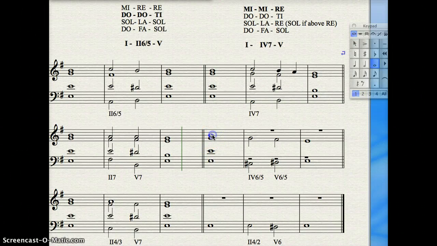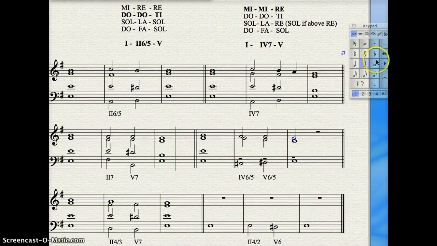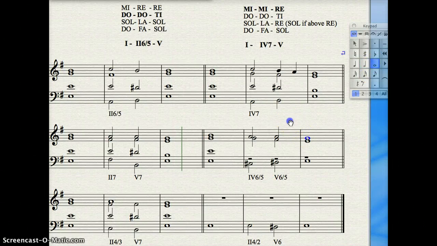We move by step, so we have to have a fa. So there it is in the soprano. And one doesn't have to, but very commonly you hold the seventh over. And that creates the 5-6-5, so it's fa, and of course fa always resolves down, part of the dominant seventh.